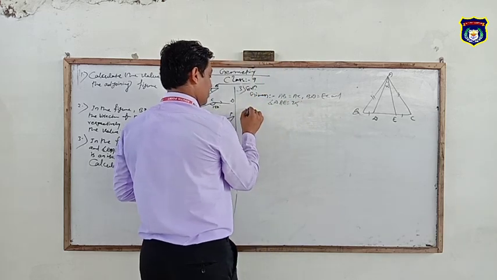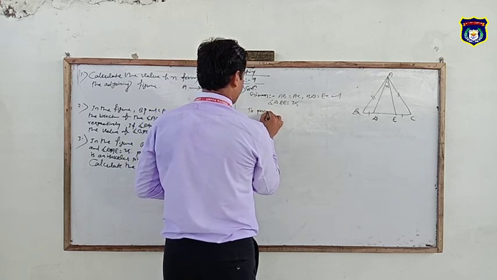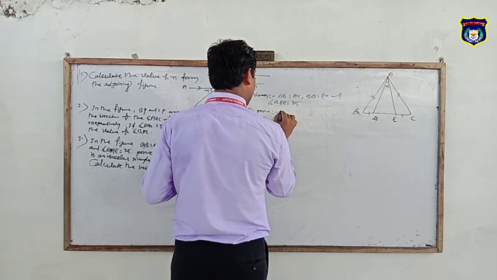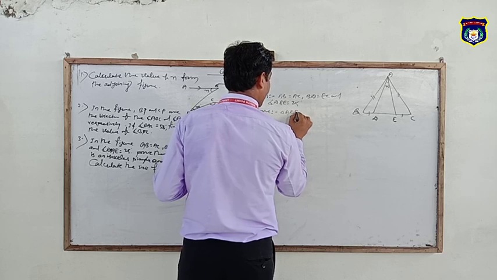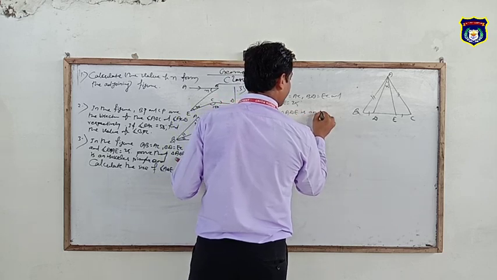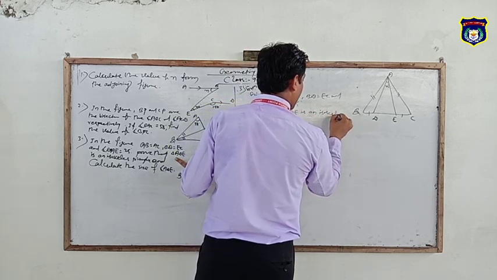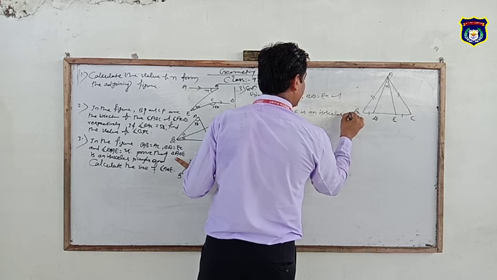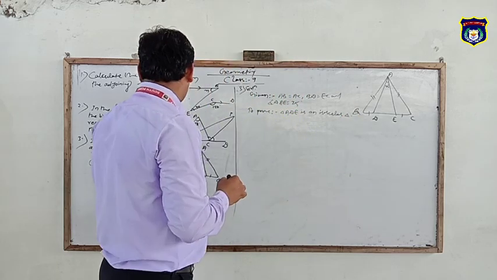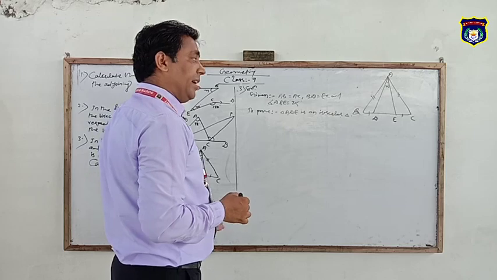To prove: triangle ADE is an isosceles triangle, and also find the measure of angle ADE.